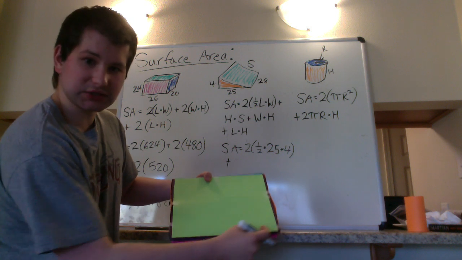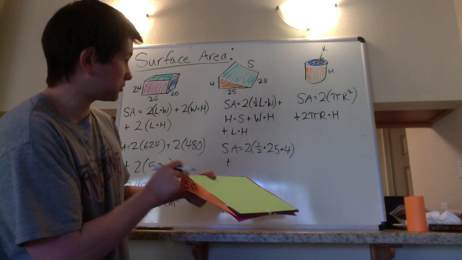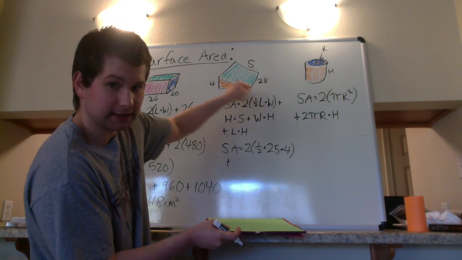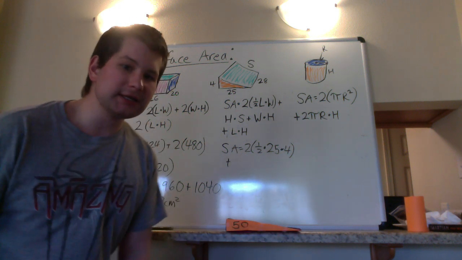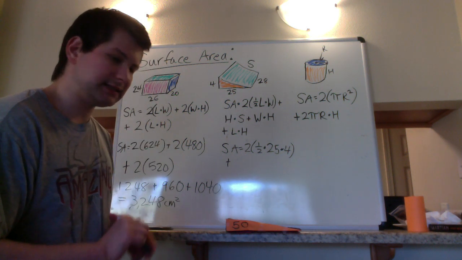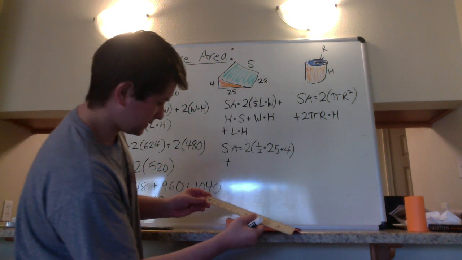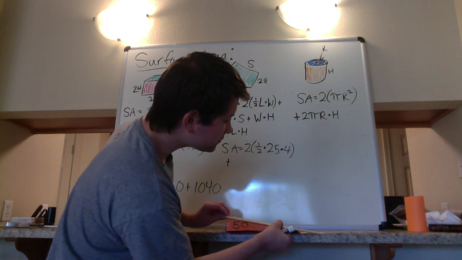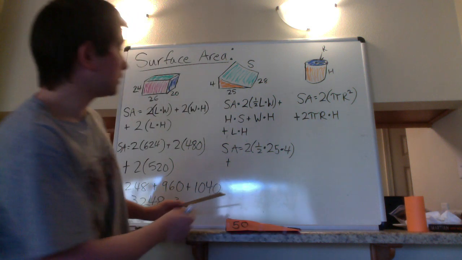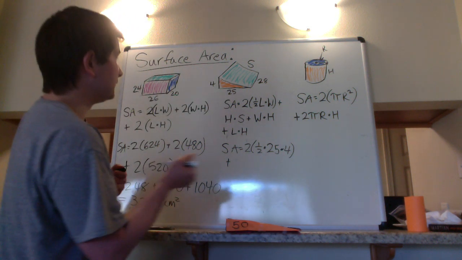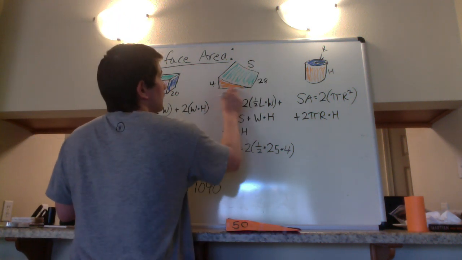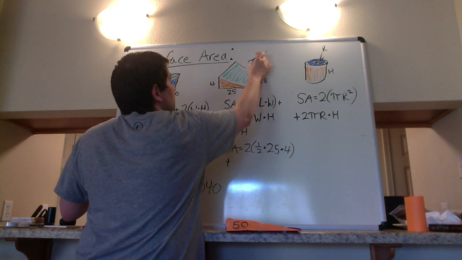I got this one as 28 centimeters, so I'm going to measure this one. That's kind of like the diagonal of the triangle. We didn't really need that for volume, but we are going to need it for surface area. So let's go ahead and do that. Looks like 26, so slightly longer than that bottom side.